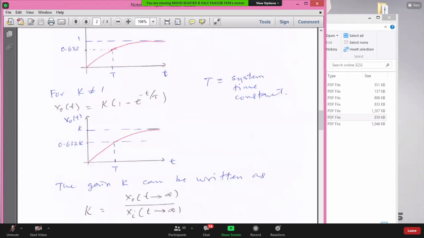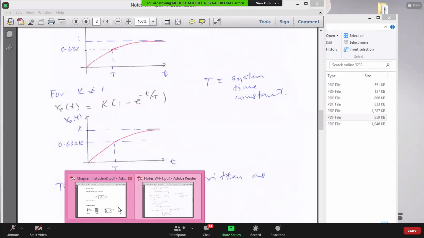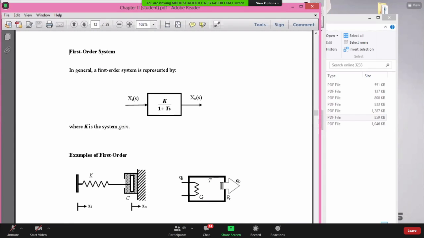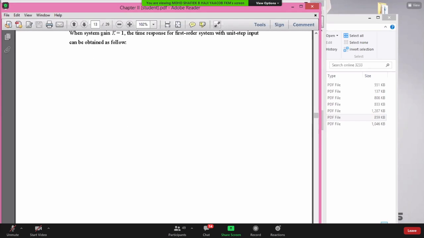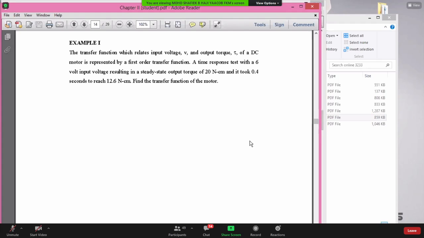Okay, so let's take a look at some examples. Example of a first order system. All right, so here, example 1. The transfer function which relates the input voltage and the output torque of a DC motor, which is controlled by the field winding voltage, can be approximated by a first order system.